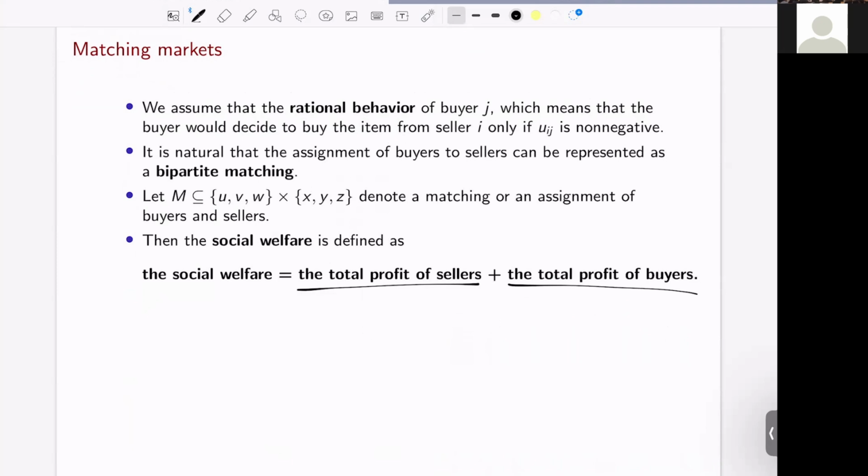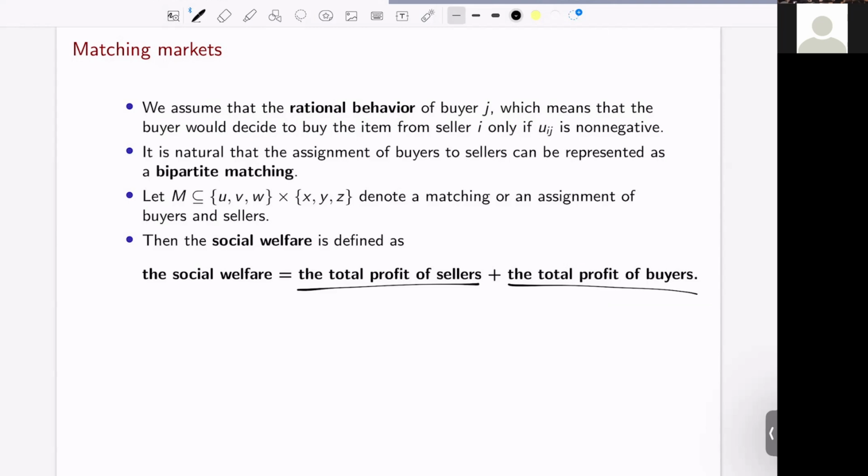And I think that's the way Facebook used to do before. They want to make everyone happy. There are advertisers and customers, and Facebook wants to keep as many players as possible. So their objective was to increase the social welfare. Whereas Google's decision will be different.